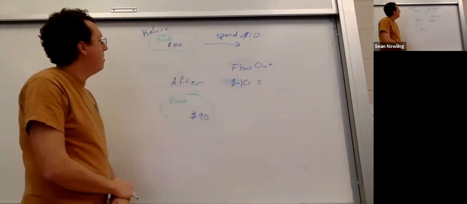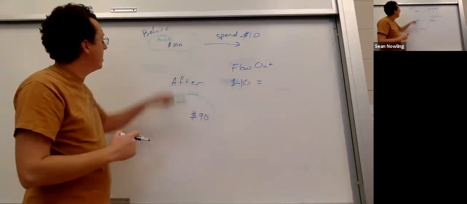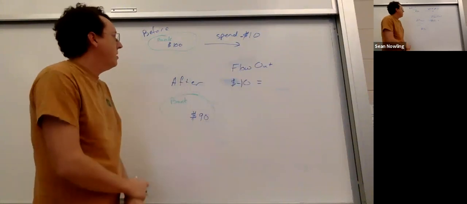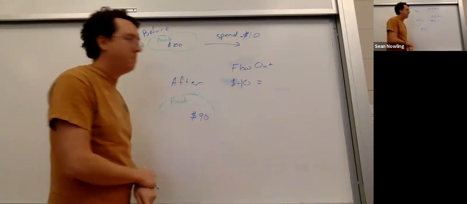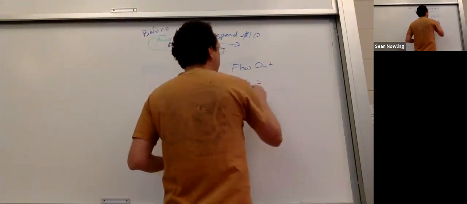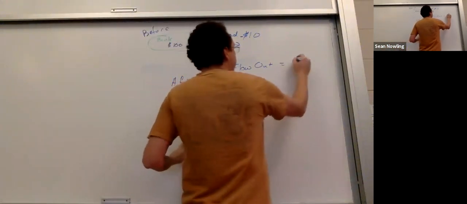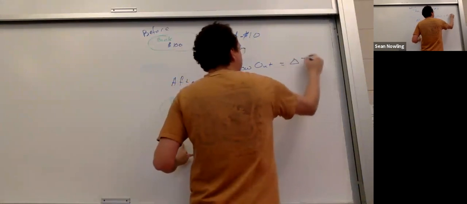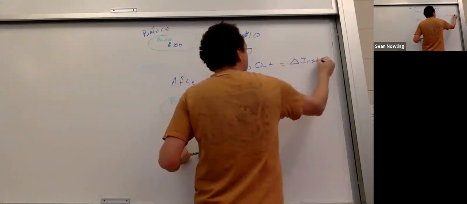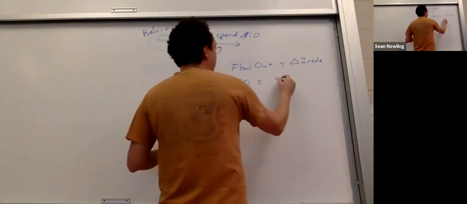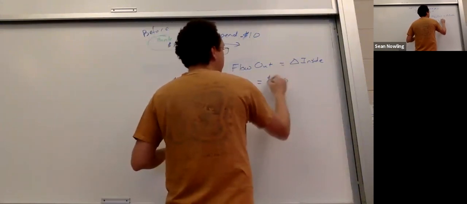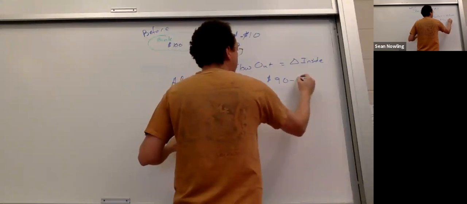So if the flow out is negative $10, and I want to connect that to these numbers, I say, oh, well, that's just the final balance minus the initial balance. And that's right. So we're going to say the flow out equals the change inside. And in this case, the change would be $90 minus $100.